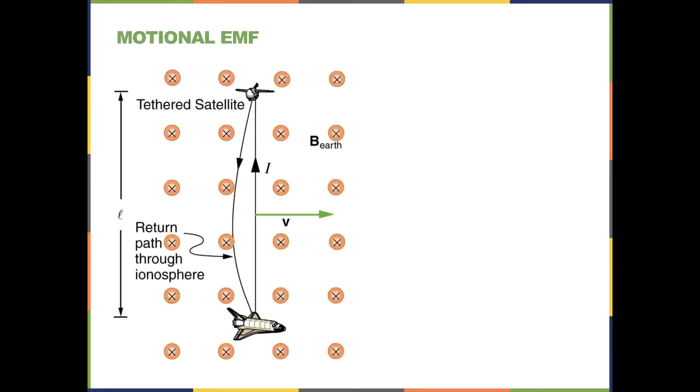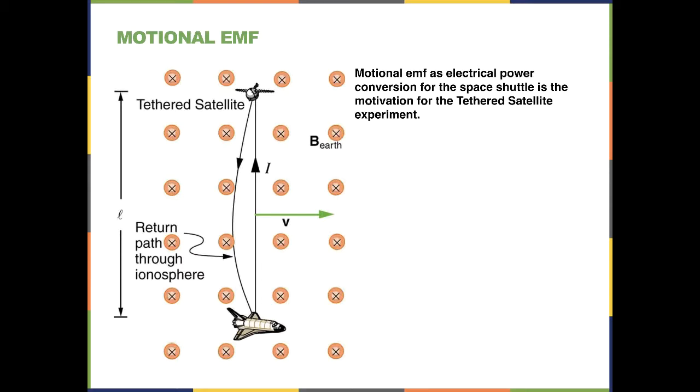So here's an example of motional EMF, and this problem is in your book. It's a way of generating electricity using a very long tether and a satellite. You use motional EMF to generate electrical power by passing this very long tether through the magnetic field of the Earth.